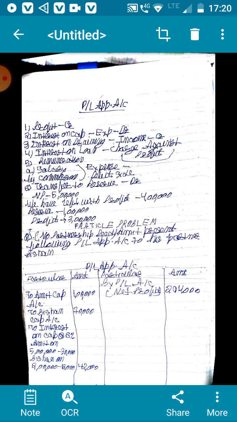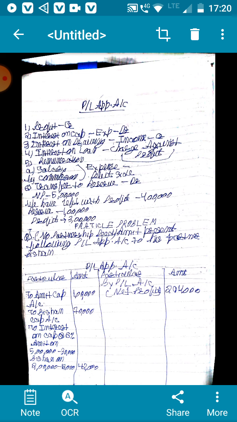The salary is 50,000 and the interest on capital is 50,000, total 1 lakh. Therefore we subtracted the 1 lakh from the 5 lakh. Now we are left with 4 lakh.